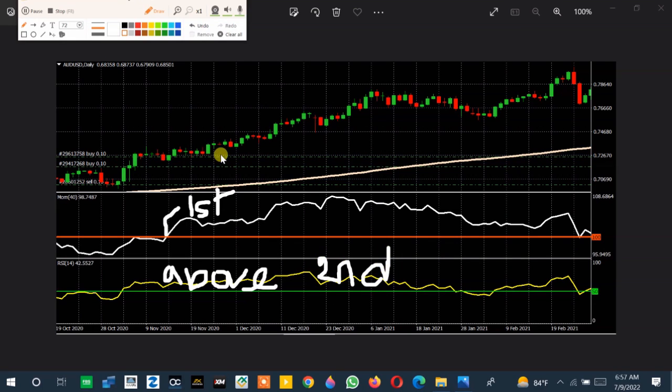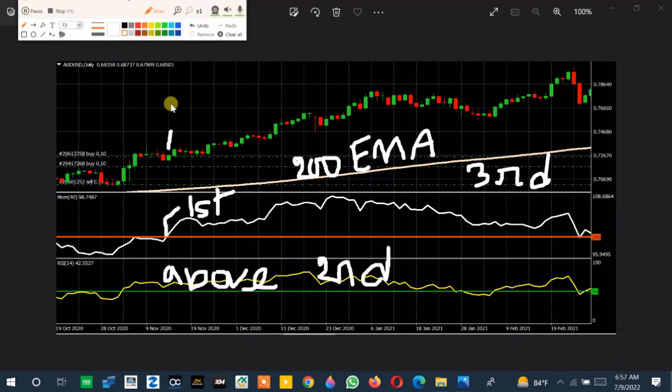And the third condition, is the 200 EMA below the price or not? Yes, it is below the price. This is price and this is the 200 EMA, and the 200 EMA is below the price. So the third condition is also fulfilled. After that, the fourth condition is that our candle is a bullish candle.